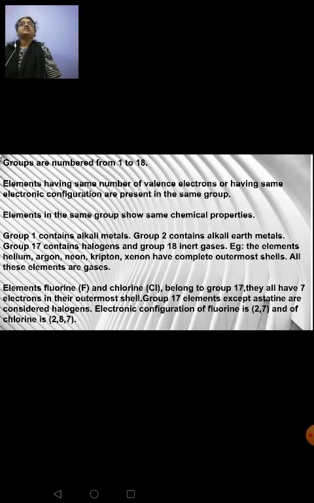Therefore, the number of shells will keep increasing, but the number of valence electron in the outermost shell will remain the same. For that only I have given this example of these group number 17 elements. Your fluorine and chlorine, bromine and all these things, you see, they all belong to 17th group. But when you look at their electronic configuration, you will find 7 electrons in their outermost shell. Means the number of valence electron present in the outermost shell of these elements remain the same.